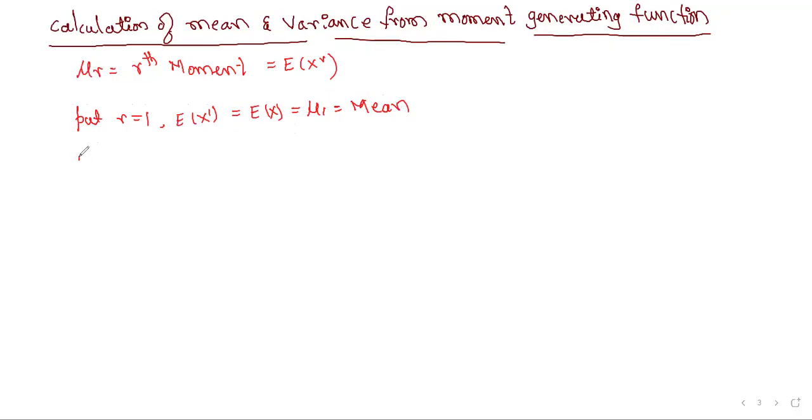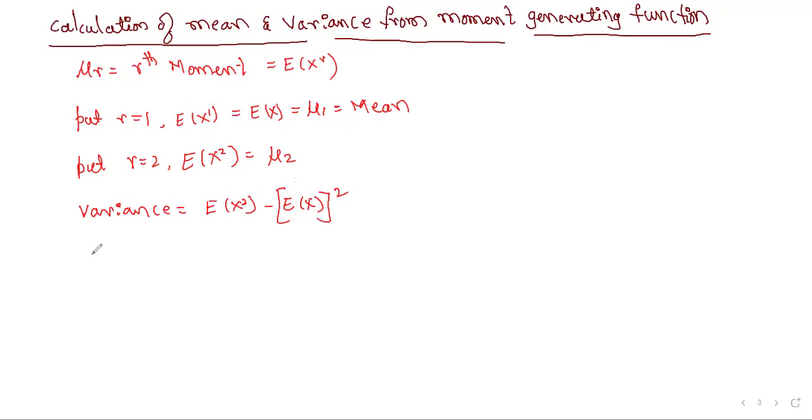Then if you put r equal to 2, this is the expected value of x square, which is mu 2. It is not the variance. We know that variance equals the expected value of x square minus the expected value of x whole square. Here the expected value of x square is mu 2 and the expected value of x is mu 1, whole square.